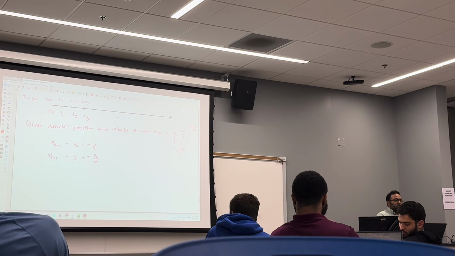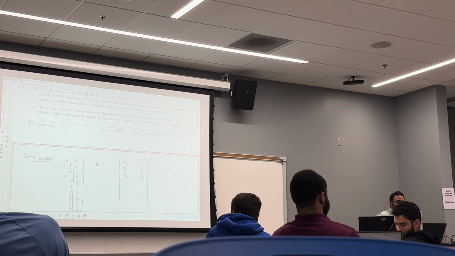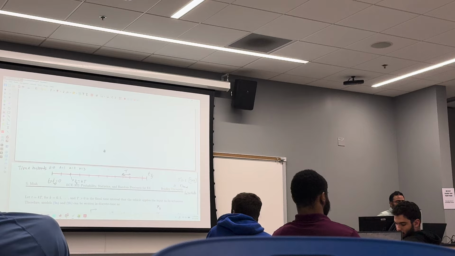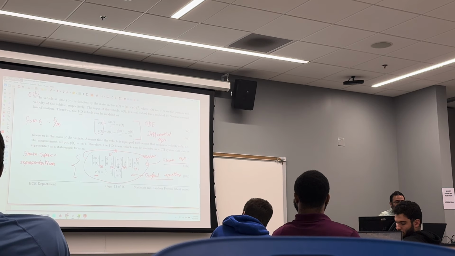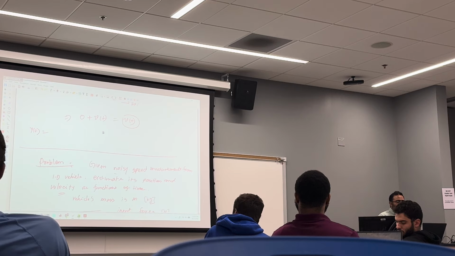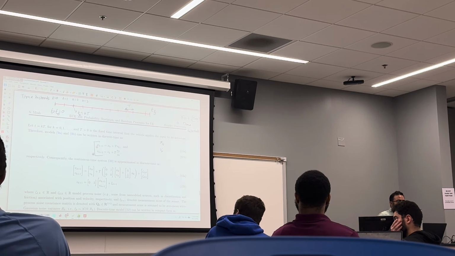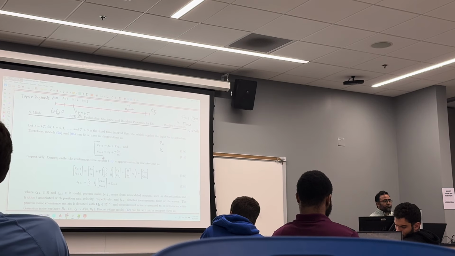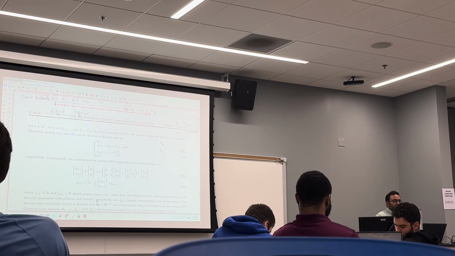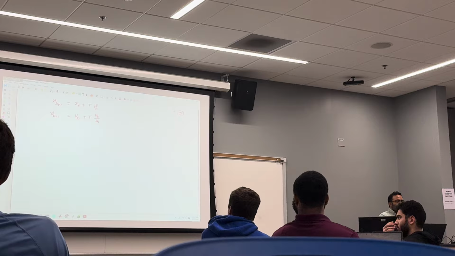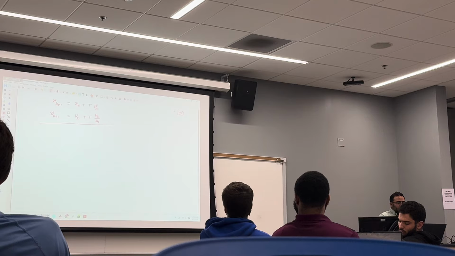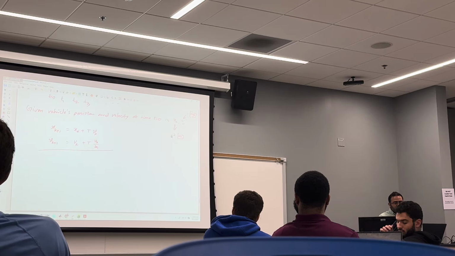So this is the discrete time equation. We converted from the vehicle's model using Newton's law from this equation to this discrete time equation. Okay, so now look. At time 0, I have 2 meters.